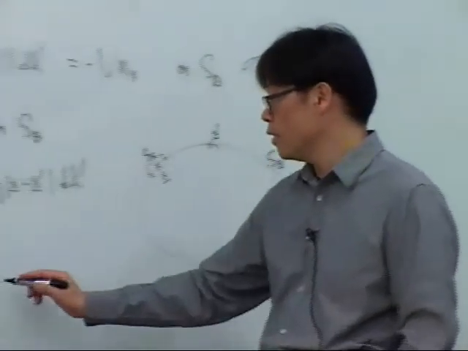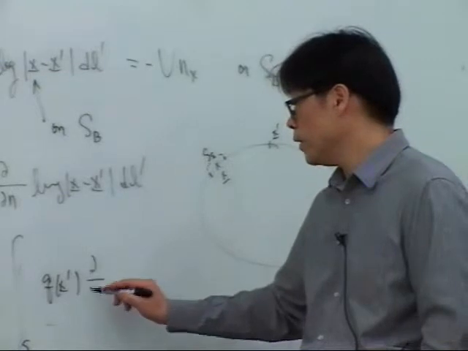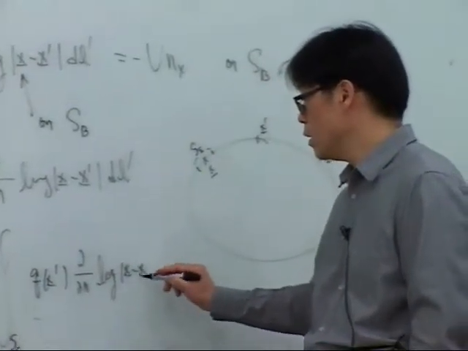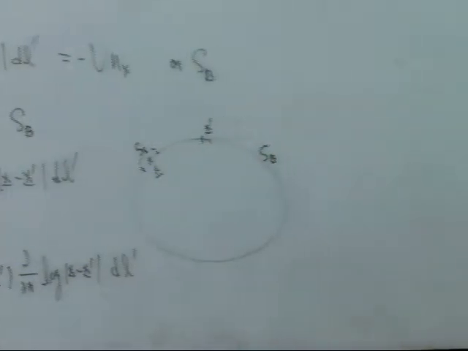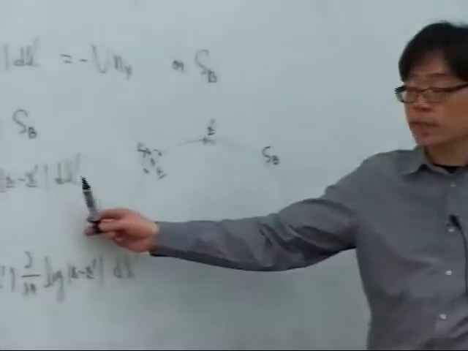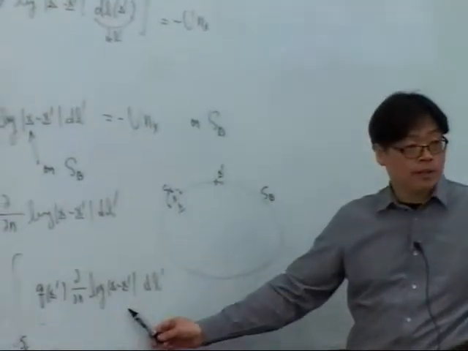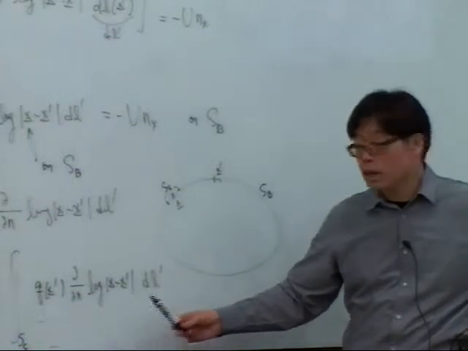And then I have q(x prime) ∂/∂n log, dl. So you can easily integrate this, but you cannot. So you have to give some meaning to this integration.